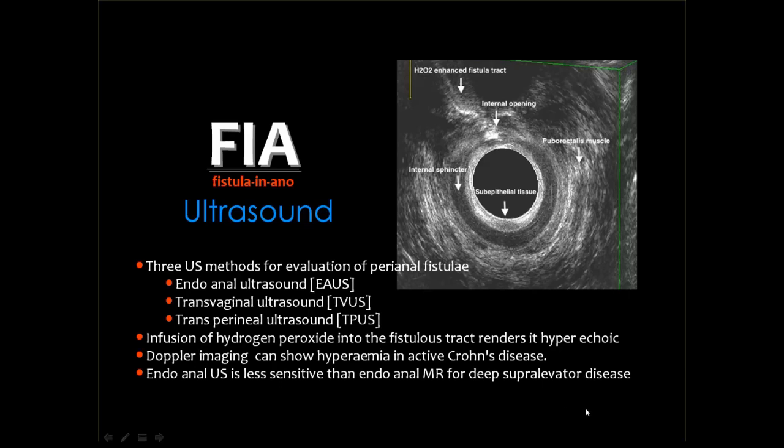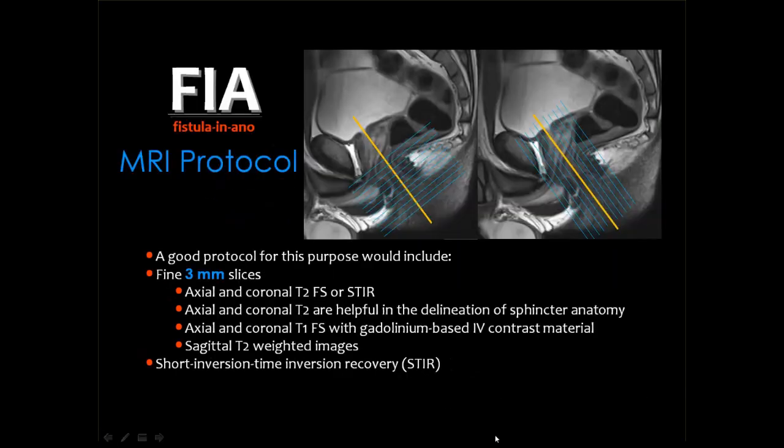Also, the Doppler facility of ultrasound may demonstrate hyperemia of the active fistulae, which is also demonstrated if you inject contrast material on MRI. Then, endoanal ultrasound is less sensitive than endoanal MRI, especially for deep supralevator disease.